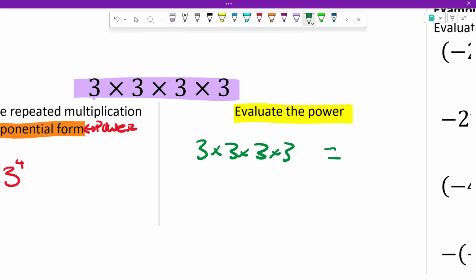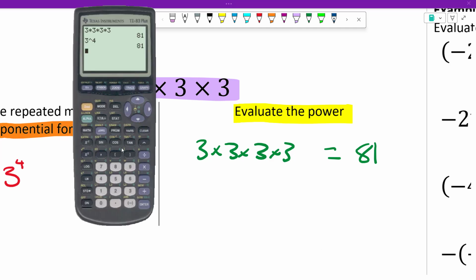What is that answer? Peyton? 12. Not 12. Carter? 81. 81. Oh. Yeah, that's a very common mistake. All right? If it was 3 plus, then it would have been 12, right?